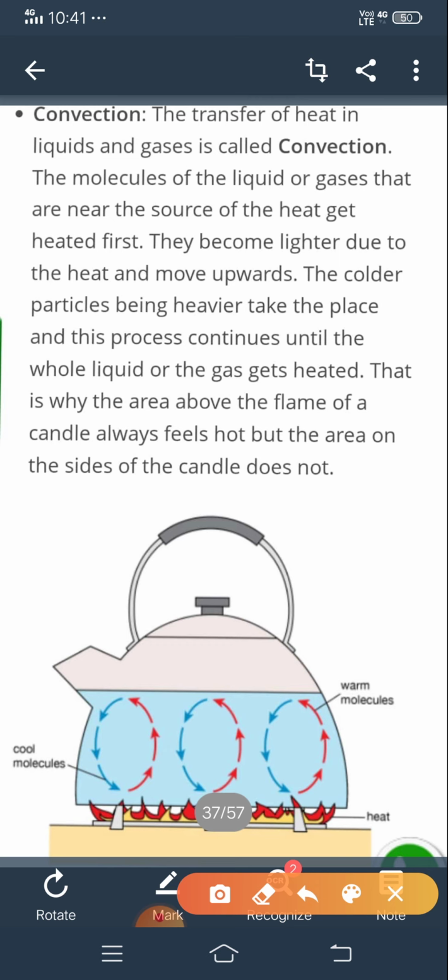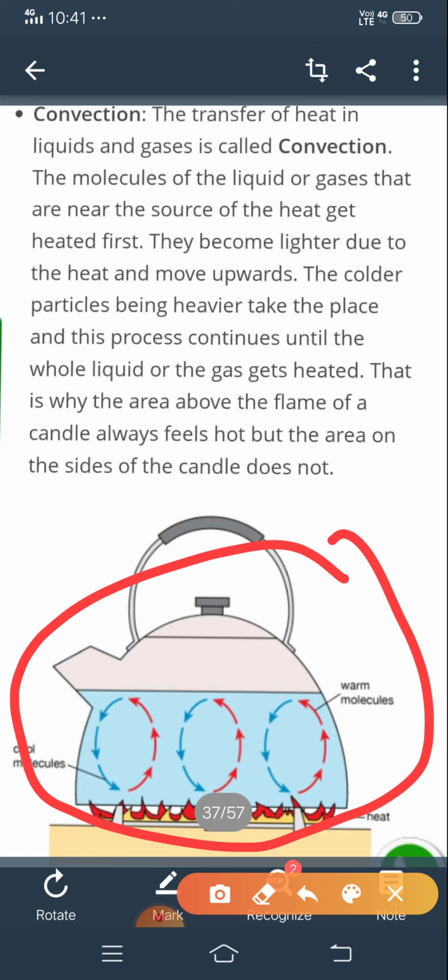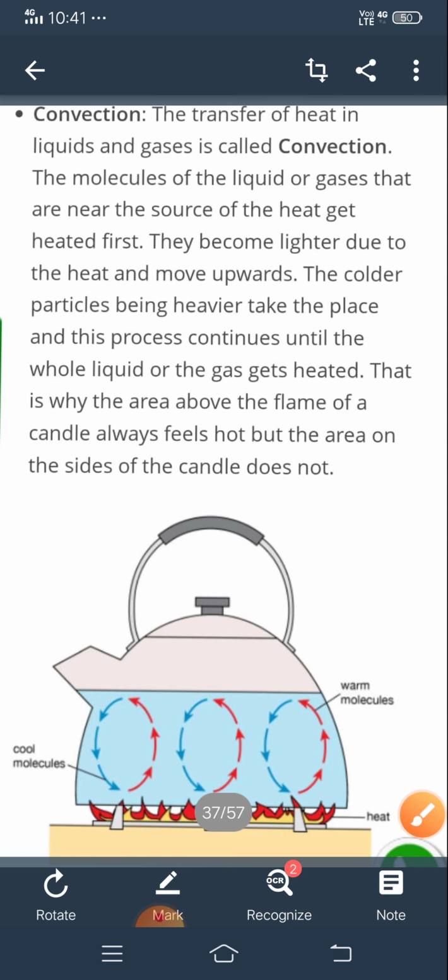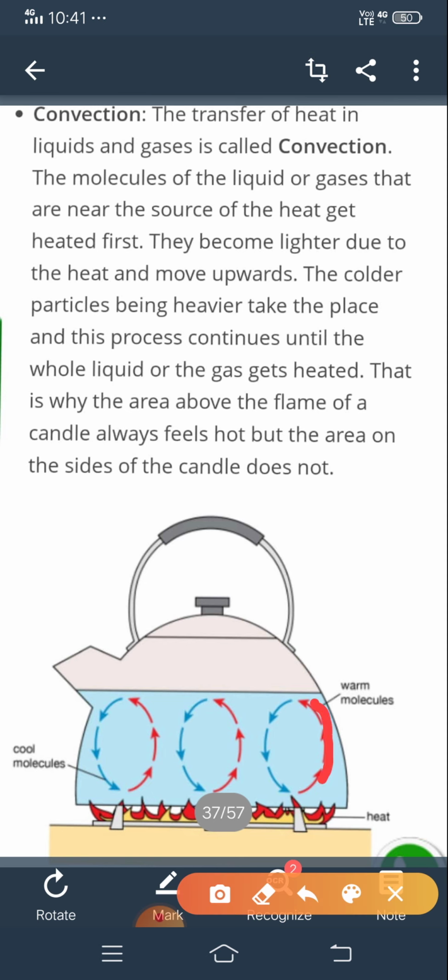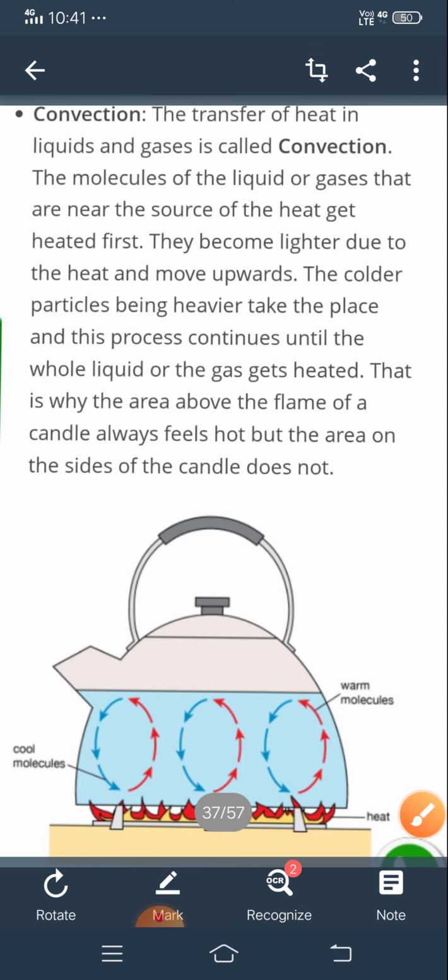That is why the air above the flame of a candle always feels hot, but the air on the sides of the candle does not. Okay, see this diagram here first. Here are the warmer molecules and here are the cooler ones. The red ones are hotter molecules and the blue ones are colder molecules.